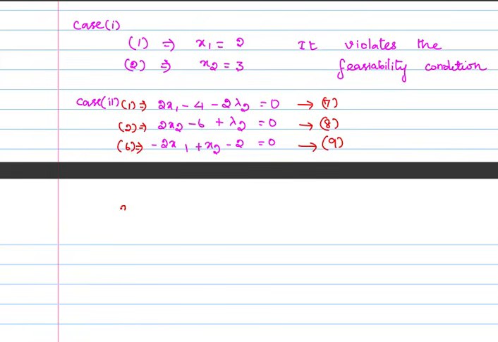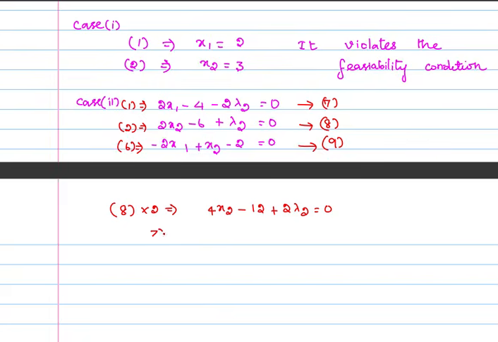The 8th equation multiplied by 2 gives 4x2 minus 12 plus 2 times lambda 2 equal to 0.